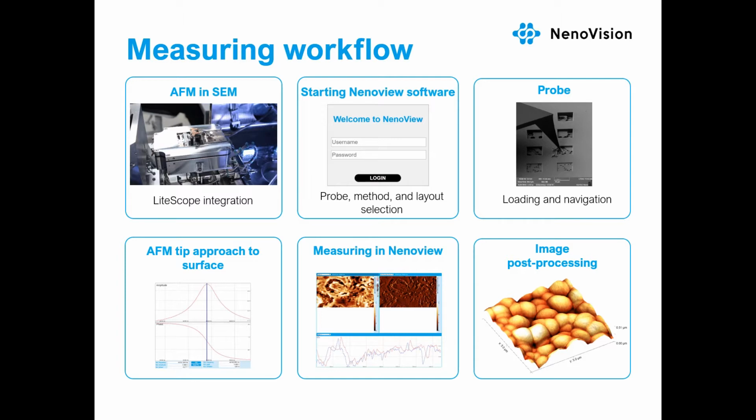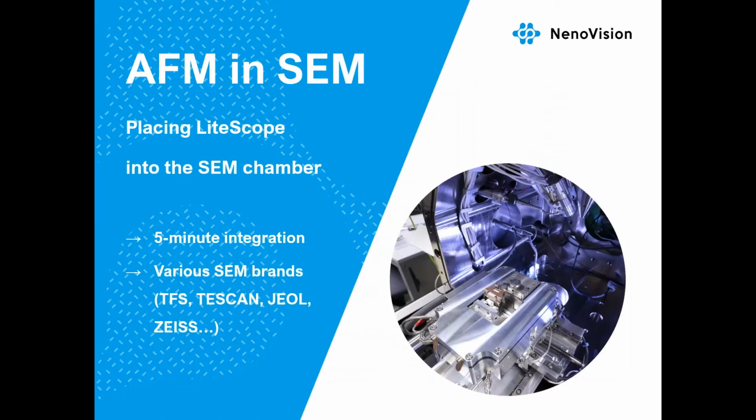The software is very intuitive, so after finding the area of interest and adjusting a few parameters from the layout, we observe the sample surface and process the obtained data. The integration of the LiteScope into SEM is very fast and possible into several SEM brands.